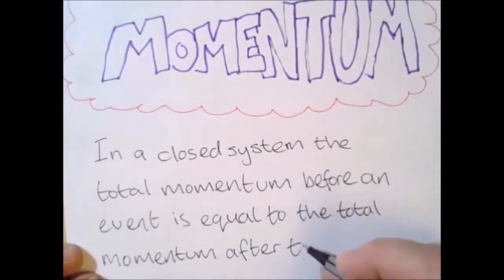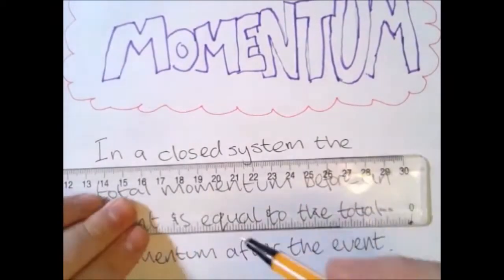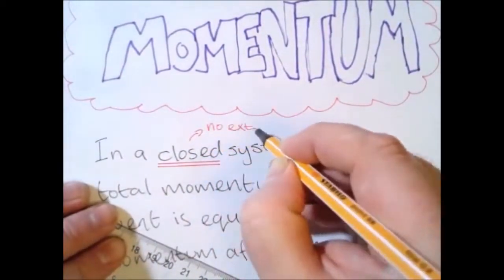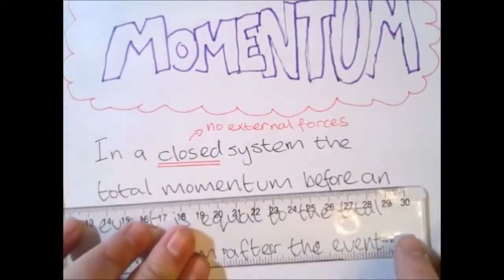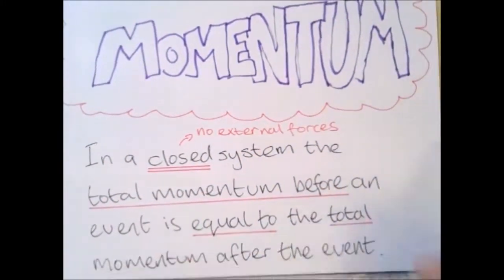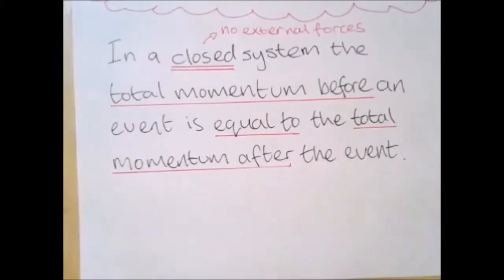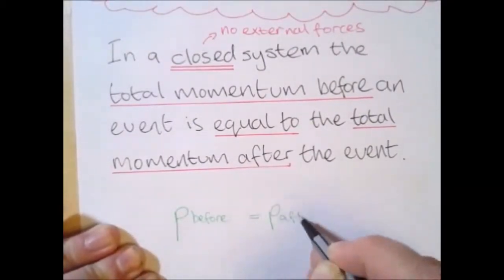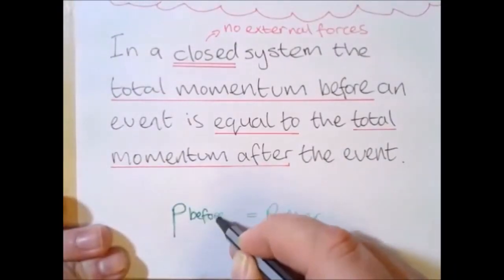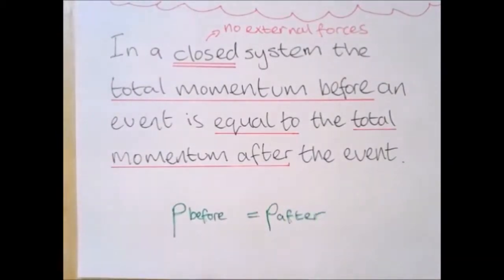Okay? Closed, by the way, just means that there are no external forces acting. To summarise, total momentum before is equal to the total momentum after, or momentum before equals momentum after in equation form.